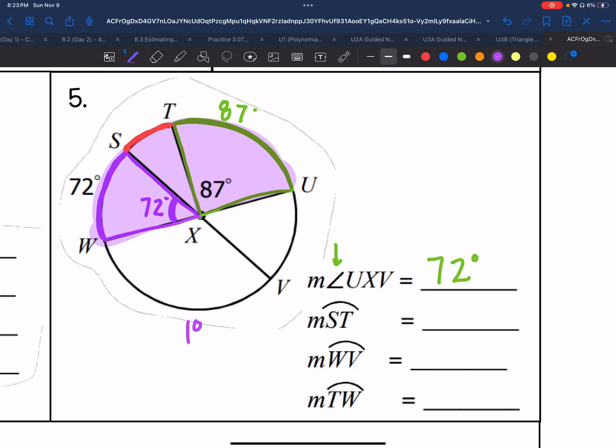So I'm going to take 180 degrees, I'm going to subtract 72 degrees, and I'm going to subtract 87 degrees. And that is going to leave me with this little portion of 21 degrees.